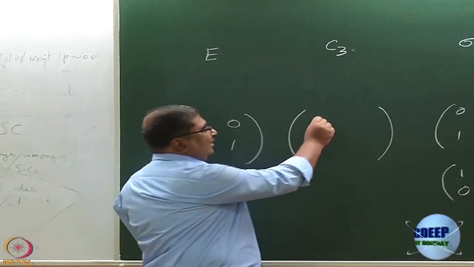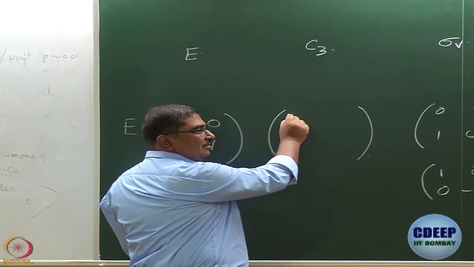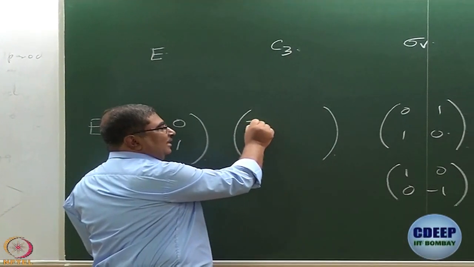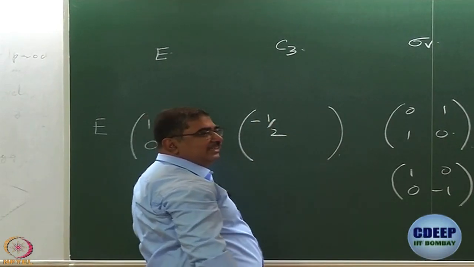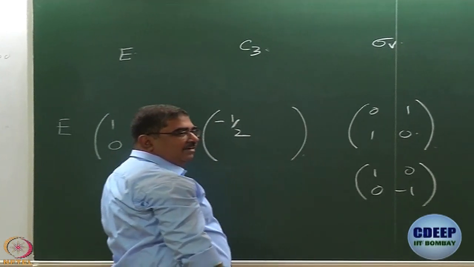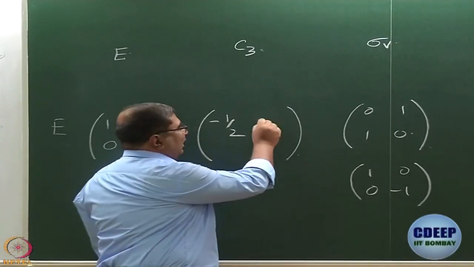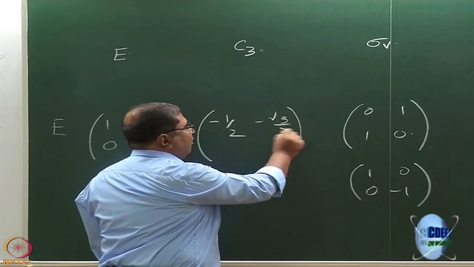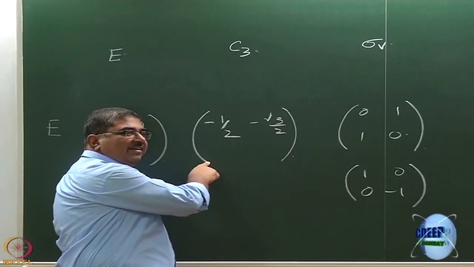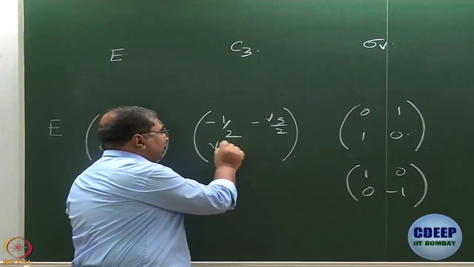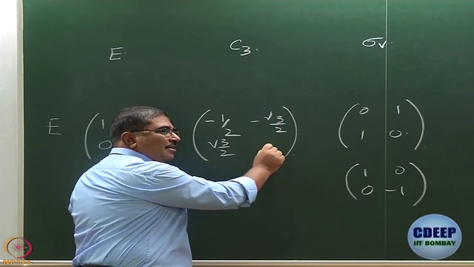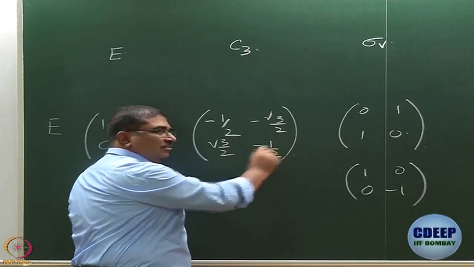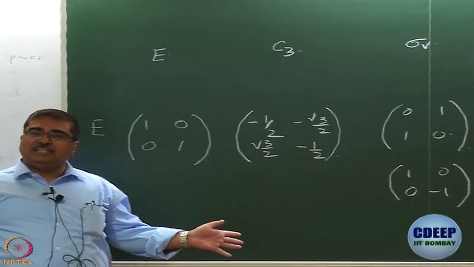So, what is cos theta? Minus half. What is minus sin theta? Minus root 3 by 2. What is sin theta? Plus root 3 by 2. And what is cos theta again? Minus half. This is the transformation matrix.